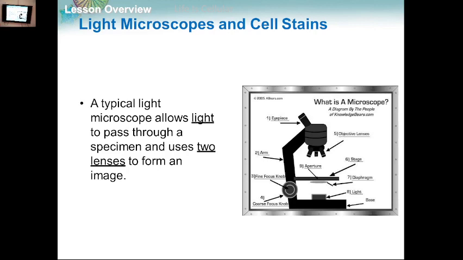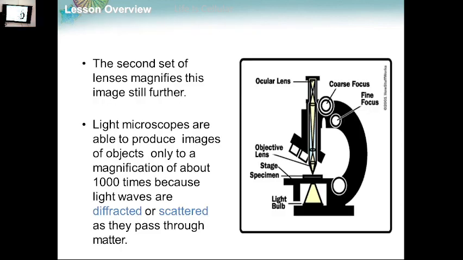So a typical light microscope allows light to pass through a specimen and uses two lenses to form an image, as we said before, the objective lens with the eyepiece lens. The second set of lenses magnifies this image still further. Light microscopes can produce images of objects only up to a magnification of about 1,000 times, because light waves are diffracted or scattered as they pass through the specimen.